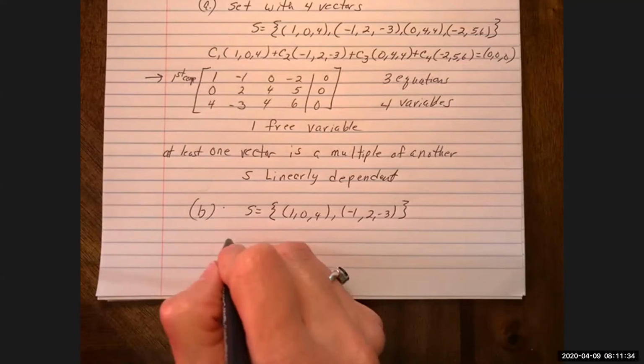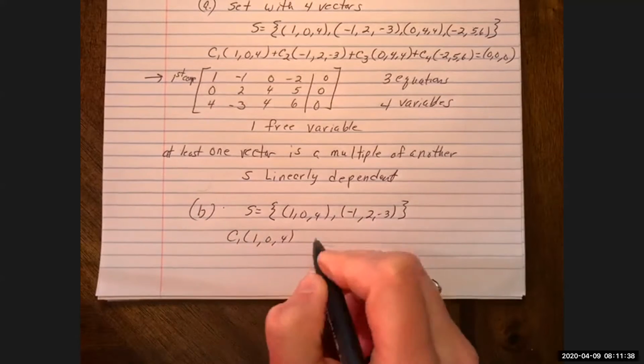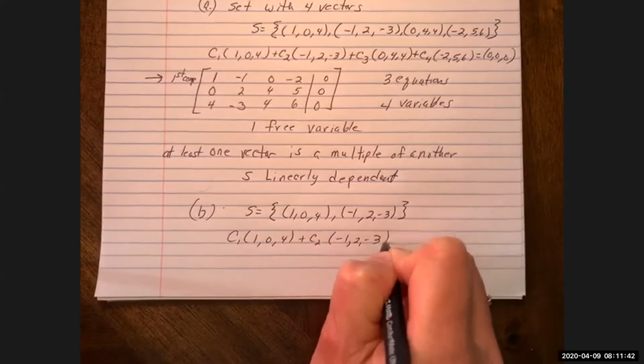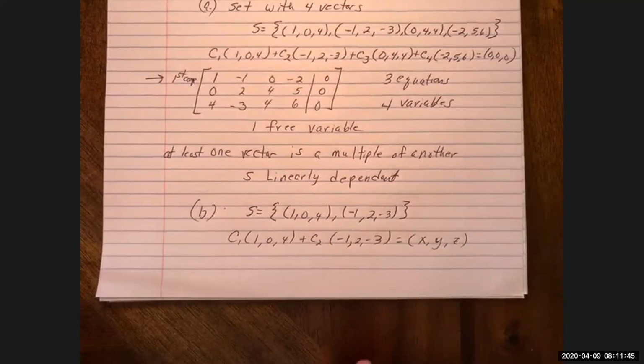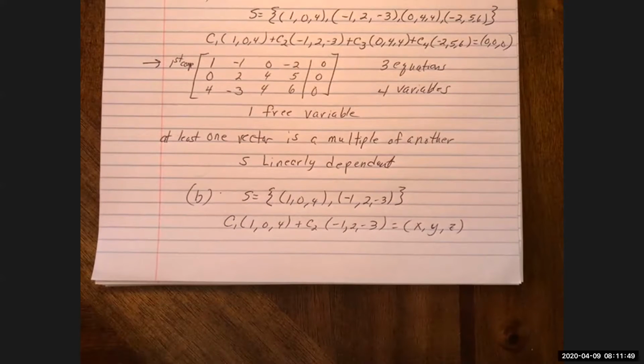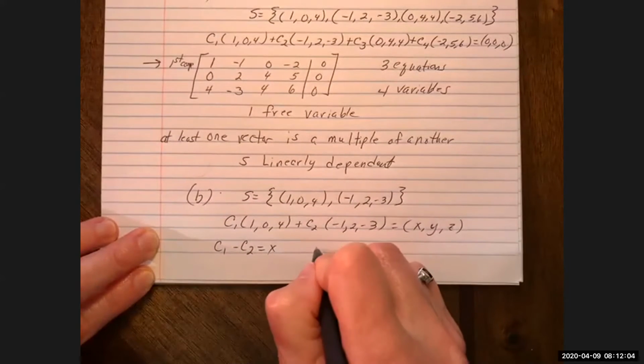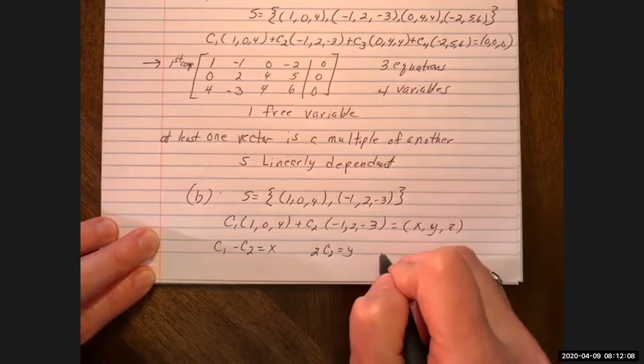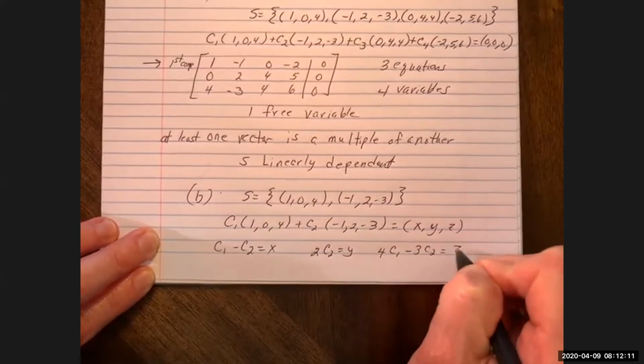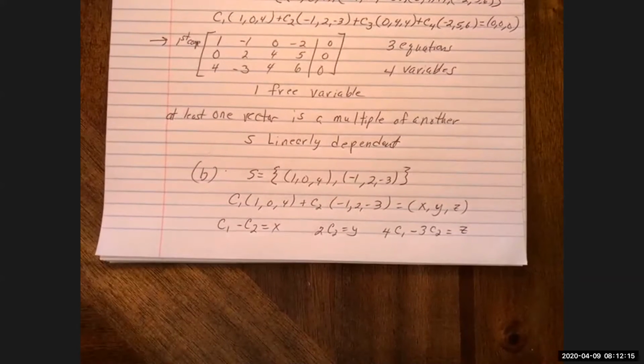If I set up a linear combination of those, and I'm just going to set it equal to X, Y, and Z. Then C1 minus C2 is X. 2C2 is Y. 4C1 minus 3C2 is Z. What can you tell me about those expressions?